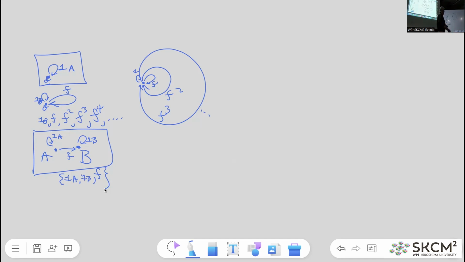Every directed graph generates a category.